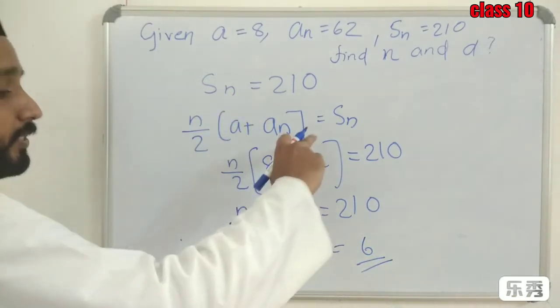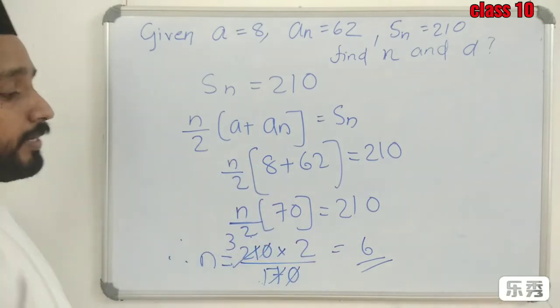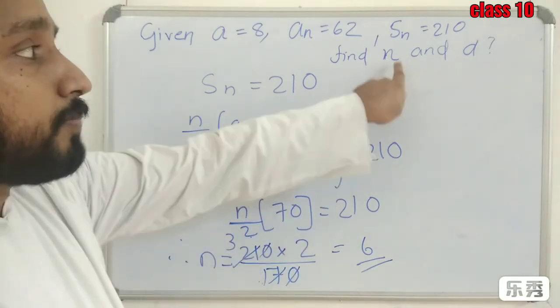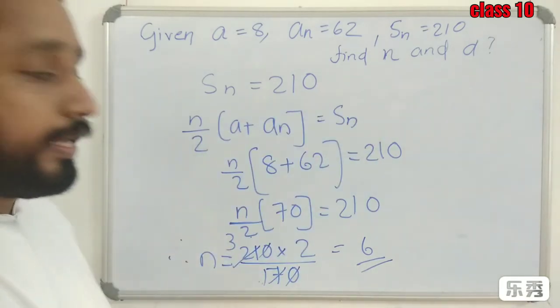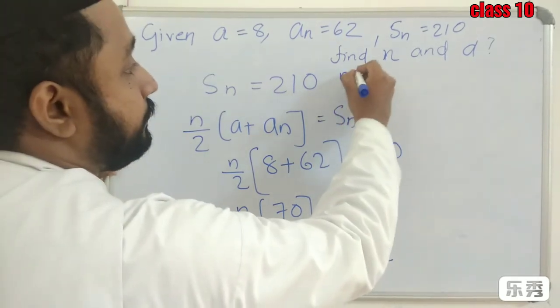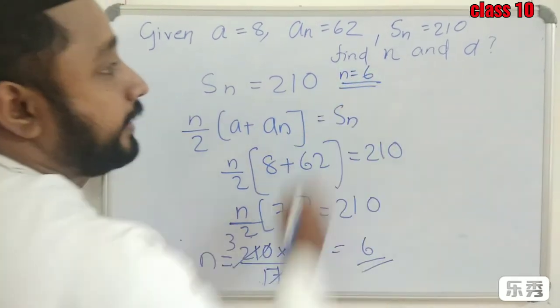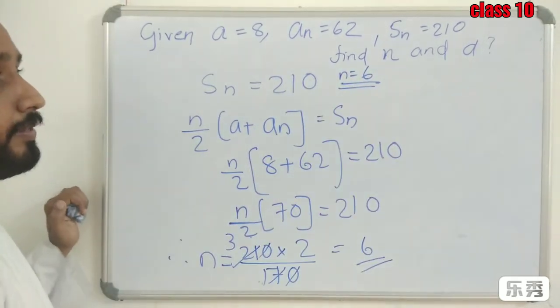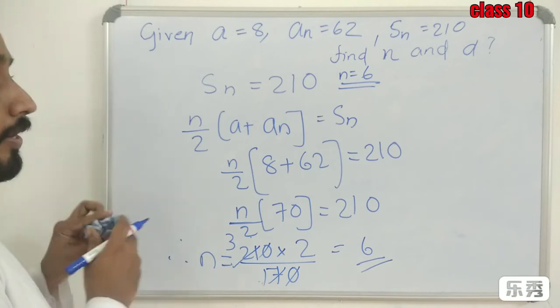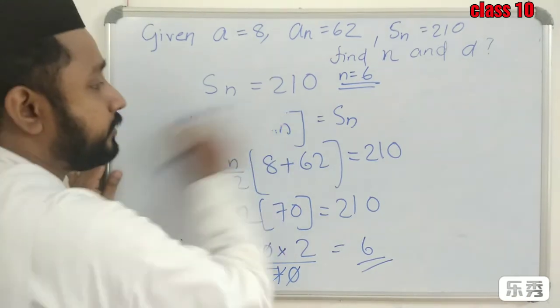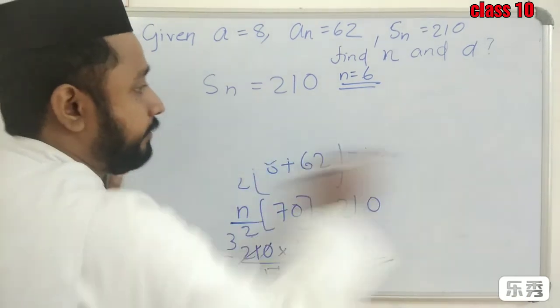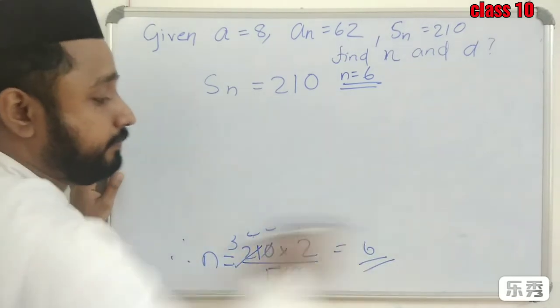So from this equation, we got the value of n. So n is equal to 6. So our first part is over. We found n. n is equal to 6. Next question is d. So we have to find out the value of d. In order to find d, we use the formula for a_n.